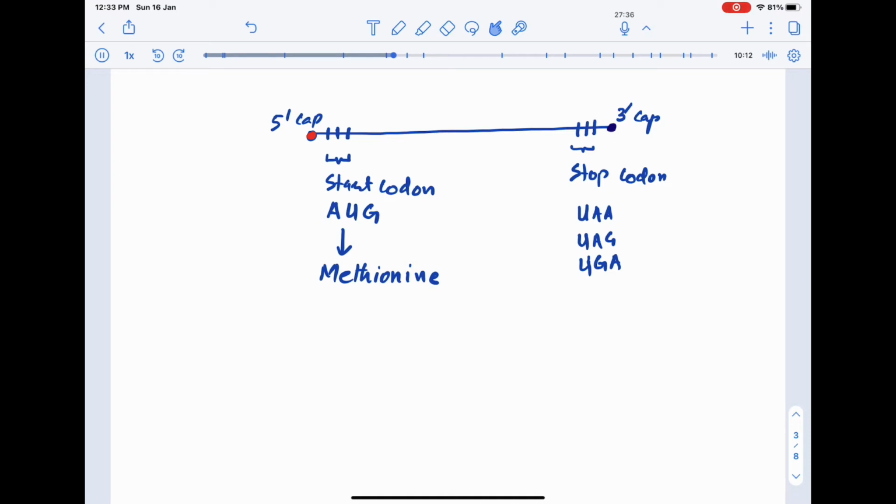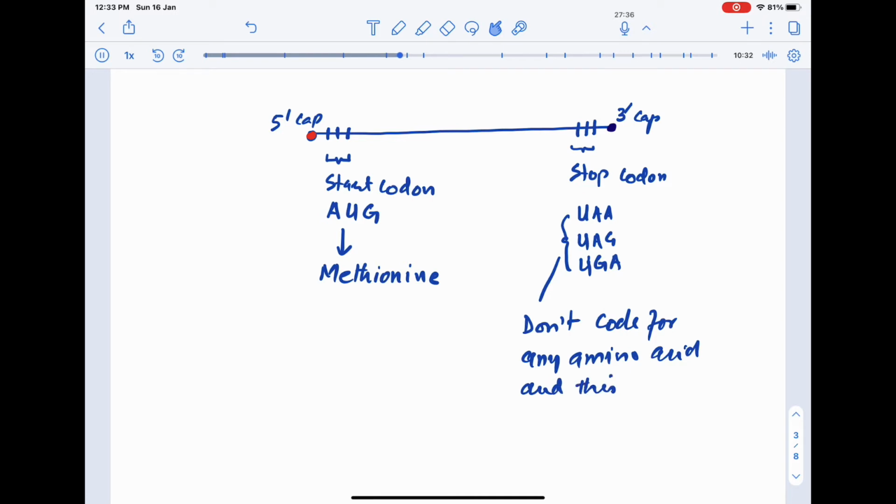These three codons do not code for any amino acid, and this is where the polypeptide chain is terminated.